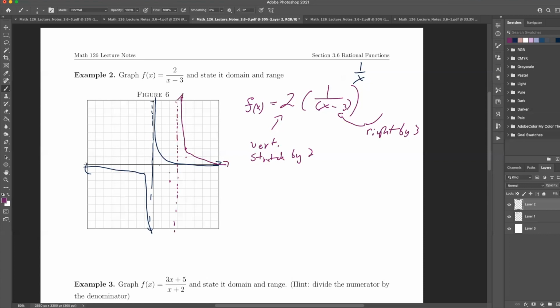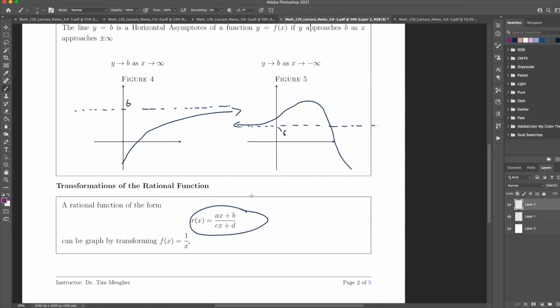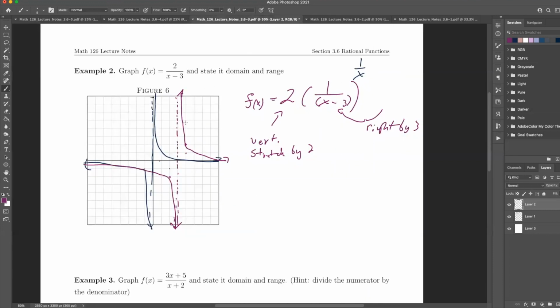And then we go ahead and we'll wrap that in. Okay. Oops. That's fine. I actually didn't cross my line. So anything that looks like this, we can graph by just moving this around. And so let me label a couple more things. So here, the horizontal asymptote is y is equal to 0, right?